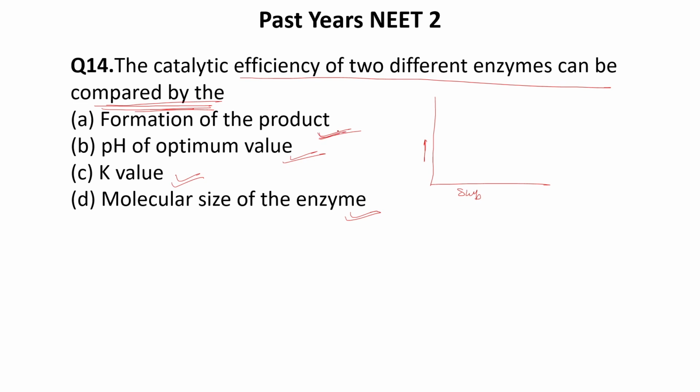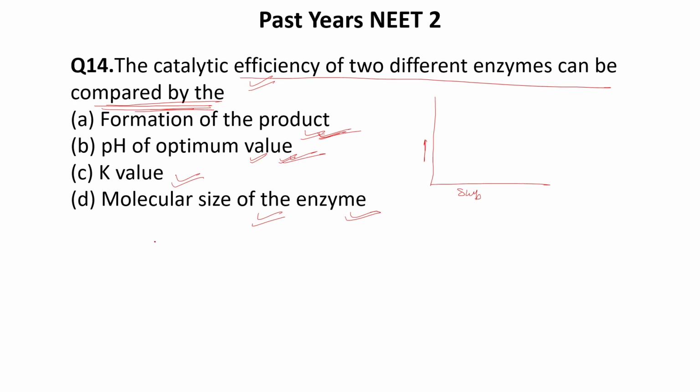Formation of the product: in the case of two different enzymes, the product will be different. pH optimum value: the two different enzymes will have different optimum values. Molecular size of the enzyme also doesn't give the efficiency of enzyme activity.